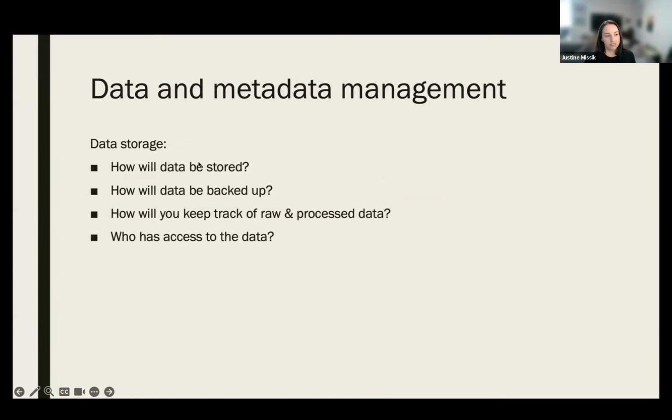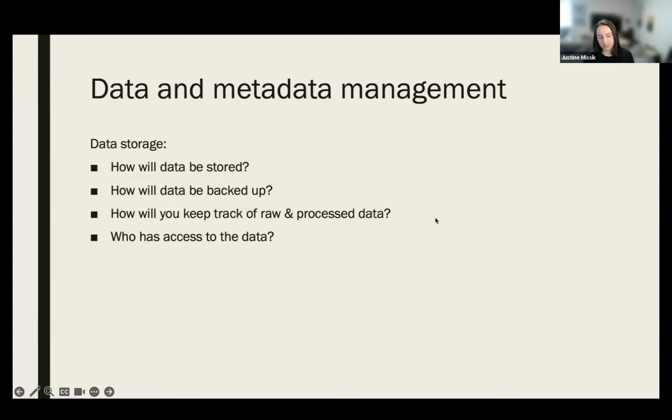And then some other things to consider are related to data storage. Think carefully about how your data is going to be stored and how it's going to be backed up. I would strongly advise having backups of your data and not just keeping one copy of it. And then how you're going to keep track of your raw data and different processed data products.